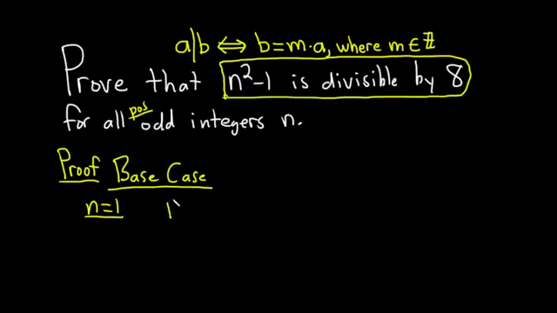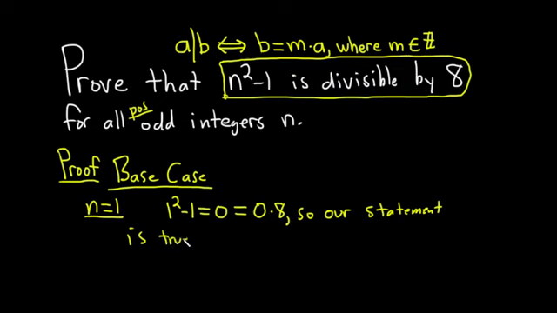Well, this will be 1 squared minus 1, which is 0, which is equal to 0 times 8. So it's a multiple of 8. So the statement is true when n equals 1.